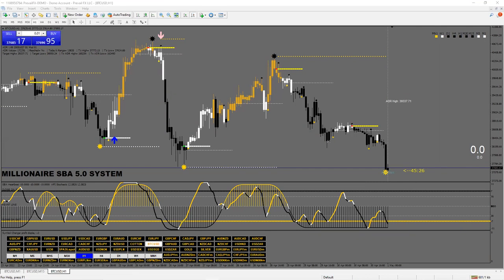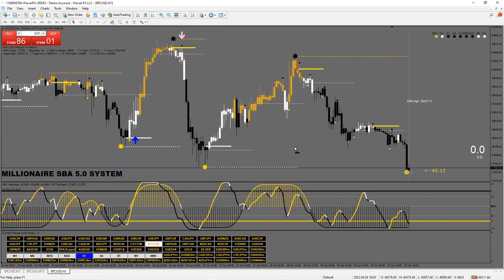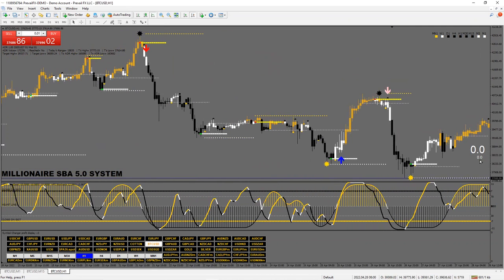If you take a look at this, the first thing that is going to come to your mind is, where do I get in? If you were lucky enough to find this star, bar, and arrow at the time that it came out, you're looking at the arrow pointing at this white candle over here.